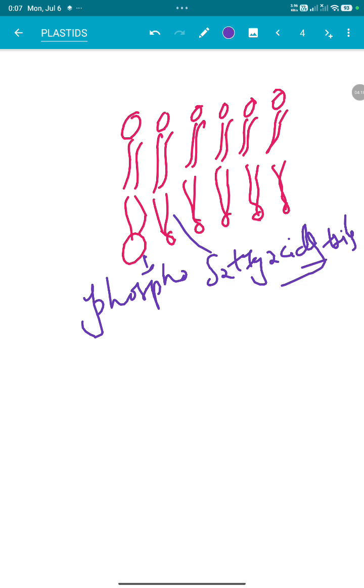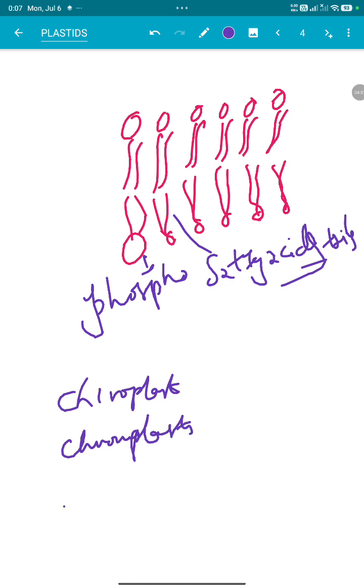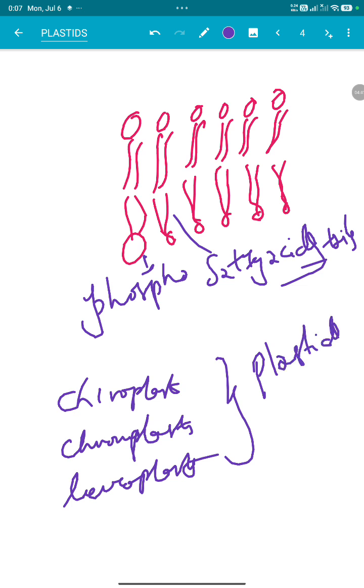This is the membrane present in chloroplasts, chromoplasts, and leucoplasts. Everything in plastids, as we discussed, has this membrane only. So the content will be simpler for us.